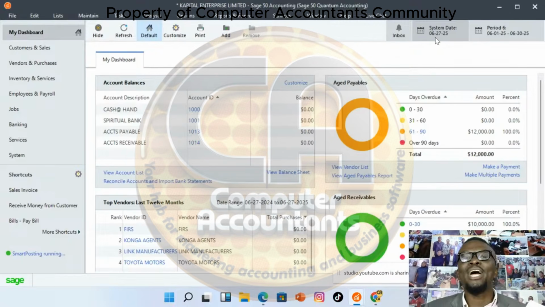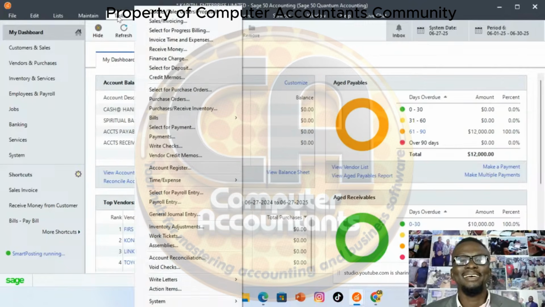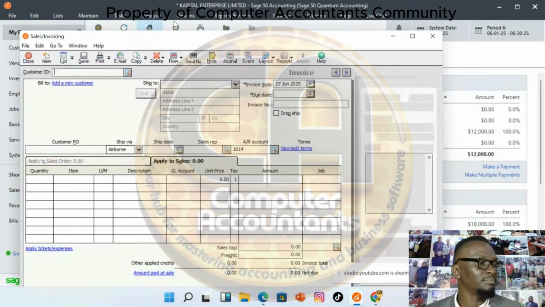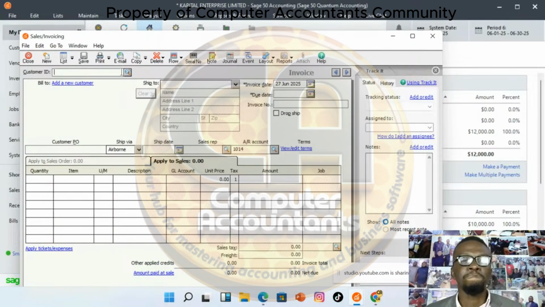So that means that we are going to invoice them, showing that they are liable to us, to the amount on that invoice. So we go to tax and select sales/invoicing once again.